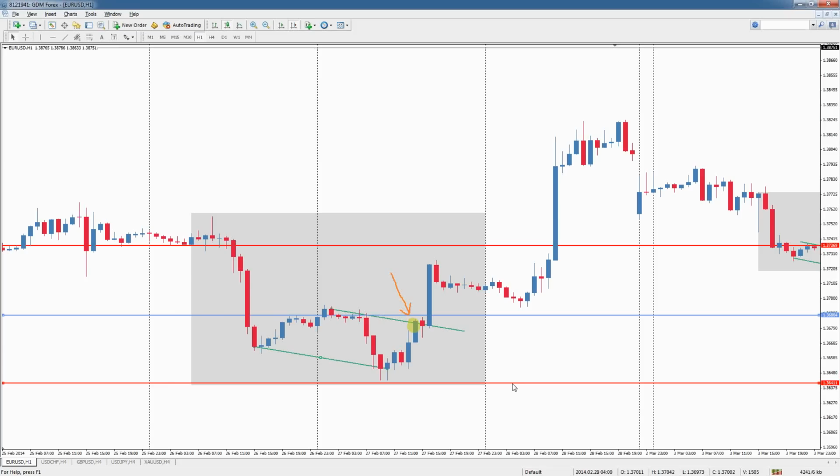If we do not wait for the formation to properly form itself, to give us some sort of confirmation that this indeed will become a double bottom, then our success rate sadly would be significantly lower.